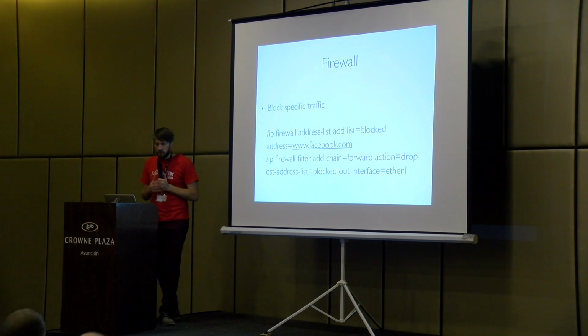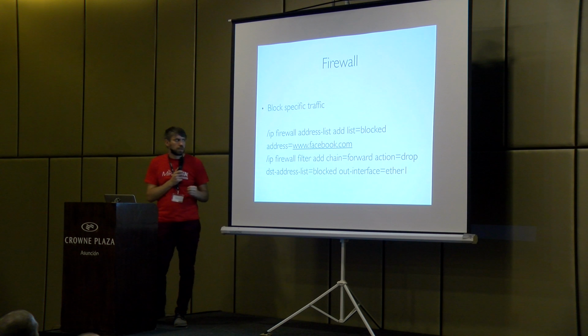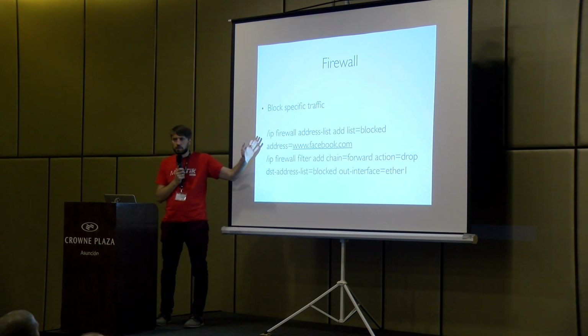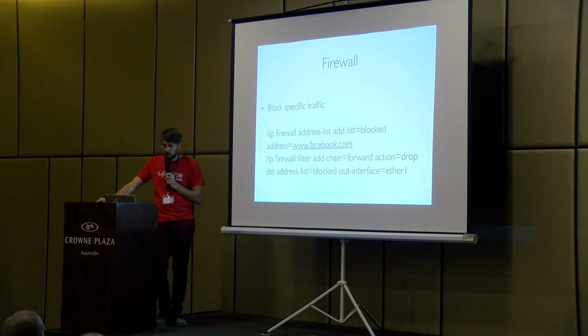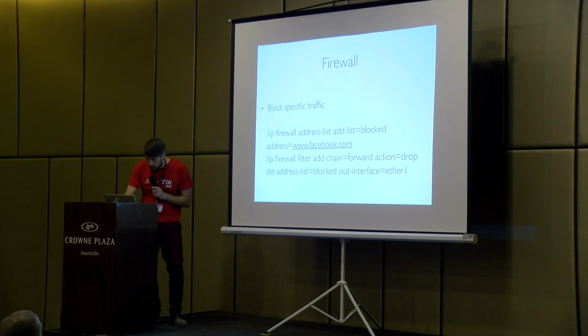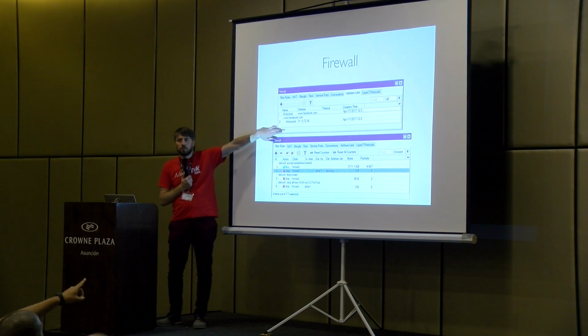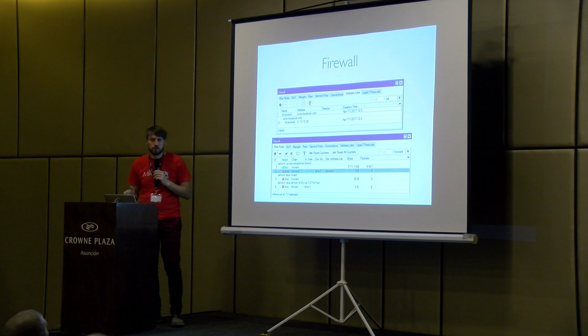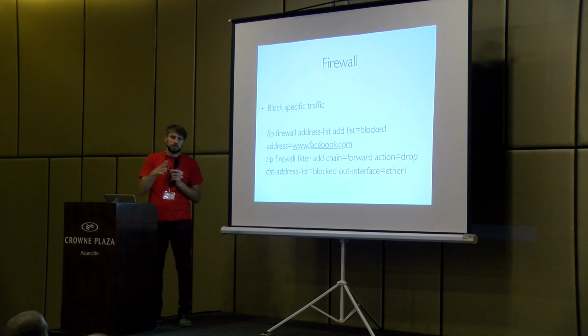The next important thing, and I guess this feature was added a few versions before, you can block specific traffic, and now you can block by DNS name. Usually you have only IP addresses, but now you have an option to create an address list with the DNS name. For example, here was Facebook, and the router will automatically put all specific page addresses to that address list, and then you can apply this address list with a specific action.